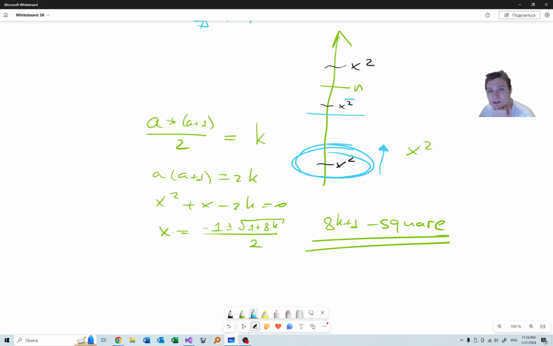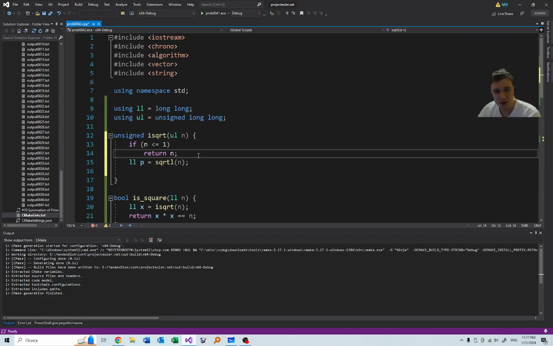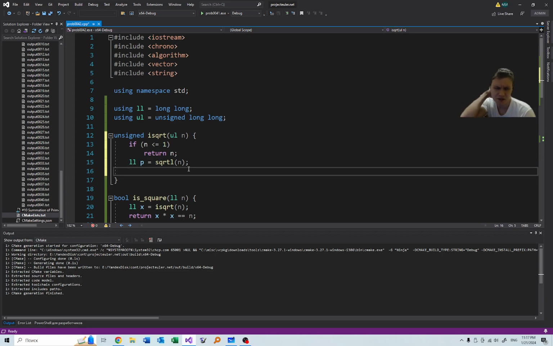So if we have some square number, okay, no, maybe we want it to be in this category. We want to eliminate this category. This category is only possible if x squared is greater than n. Okay, so to check that, let's do something like this.